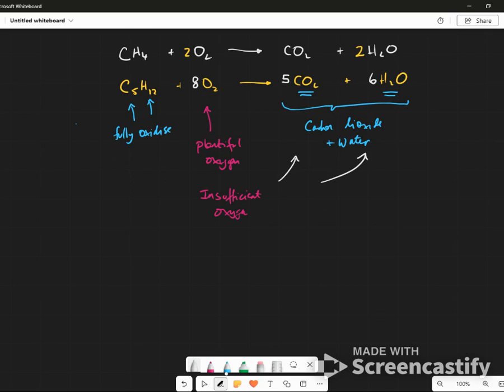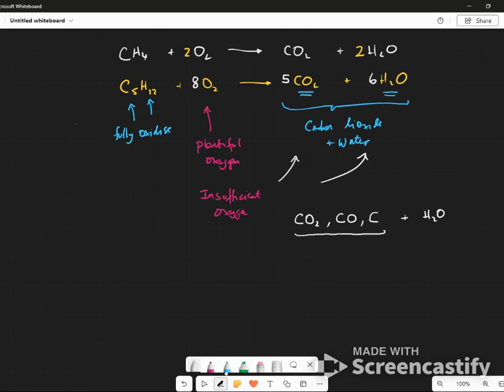carbon won't be able to grab all of its oxygen. So you will get some carbon dioxide, but you'll also get some carbon monoxide. And believe it or not, you'll also get some carbon. You pretty well always get water, though. The hydrogen always gets what it wants, but the carbon isn't quick enough to grab all of the oxygen.